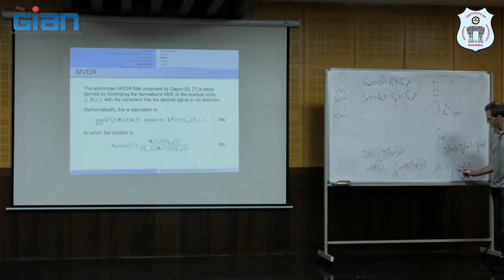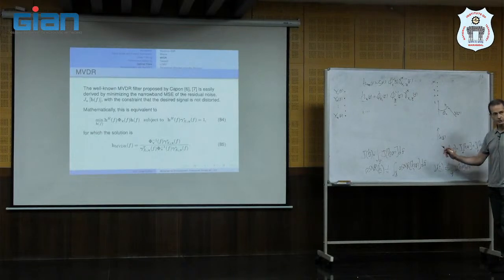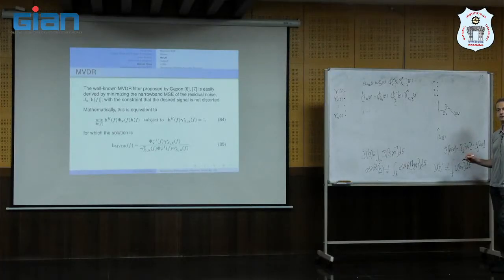But still, if I have zero distortion, the broadband is also zero distortion. Why? Because the broadband distortion is a superposition with positive weights of the narrowband distortion.